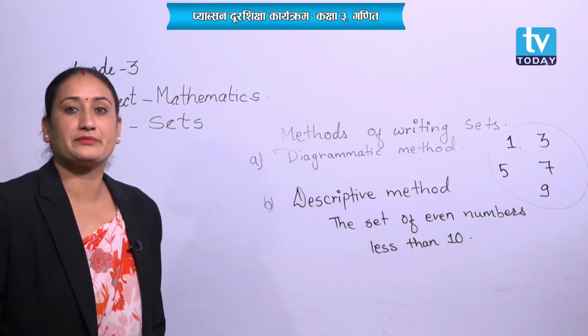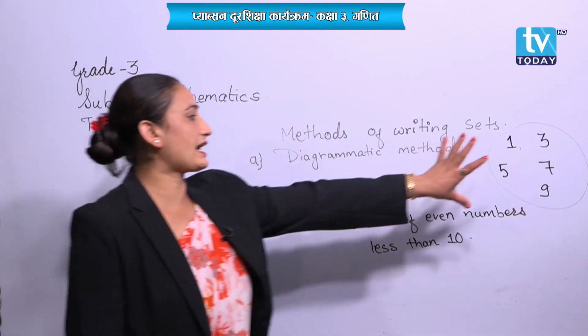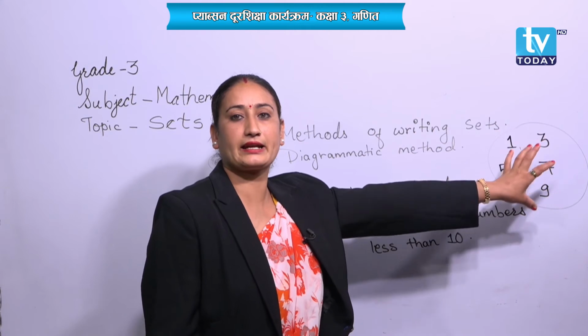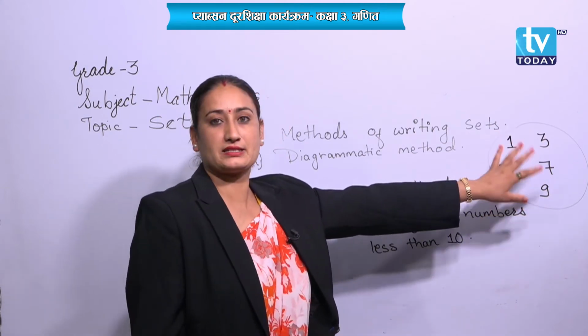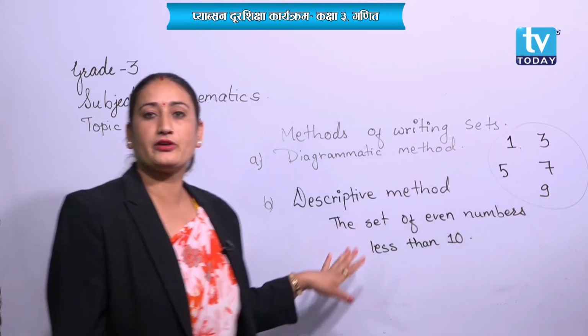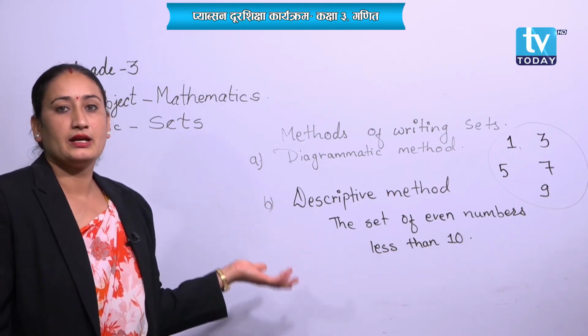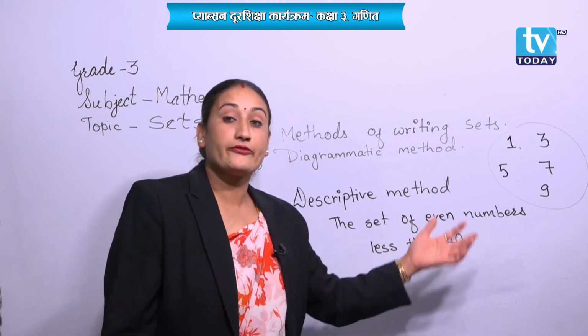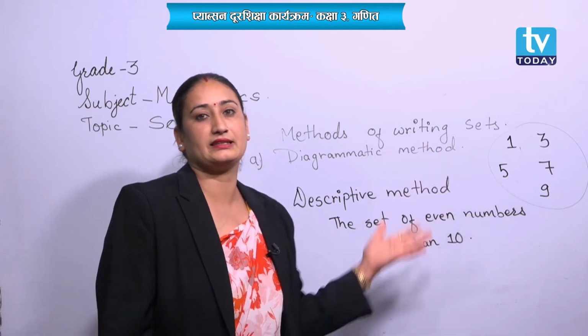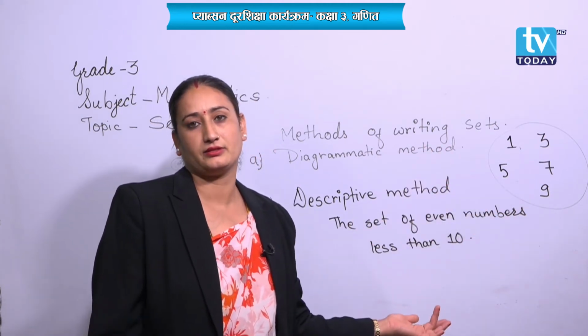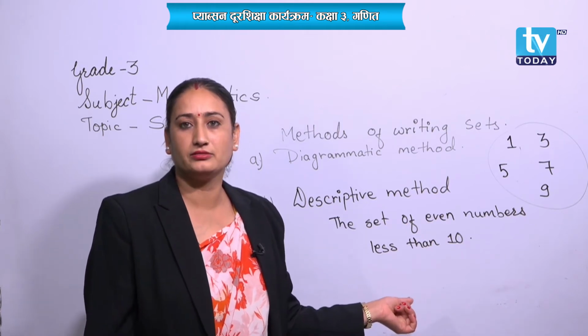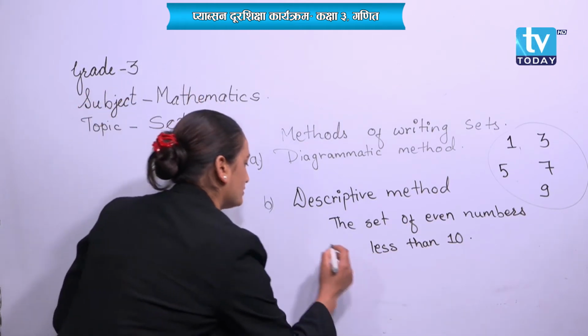Now, can you describe this one? This is the diagram. This is the diagrammatic method. So, you can show it from the diagram. Now, you have to describe it. Okay. So, what is the answer? The set of odd numbers less than 11. Can we write it now? Please write it down.